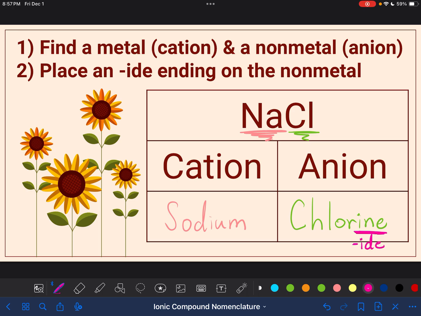So in the end, our answer for this one is sodium chloride. That is our final answer. That's probably something you already knew before you even took chemistry, maybe from someone else or from middle school science.